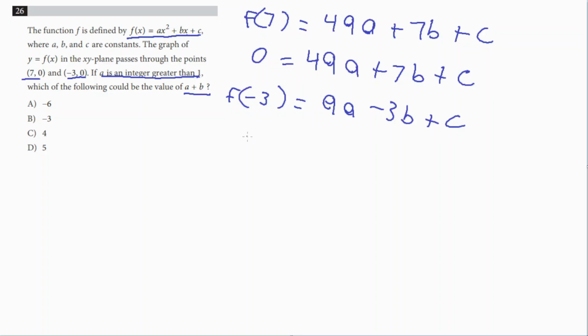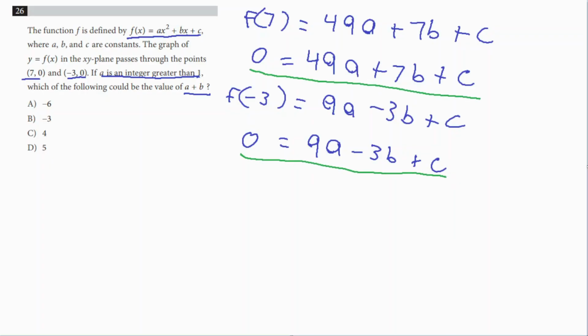So then let's plug in a 0 for f of negative 3. When we do that, we'll get 0 equals 9a minus 3b plus c. One thing you'll notice is that both of these equations, let me underline them in green, are equal to 0, which means they're equal to each other. If they're equal to the same thing, they're equal to each other.